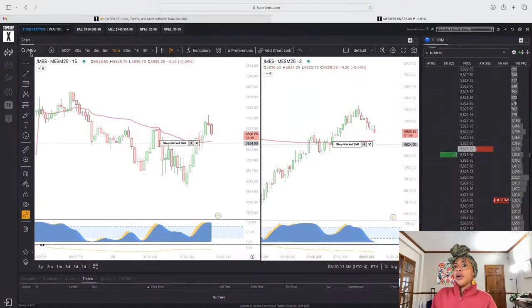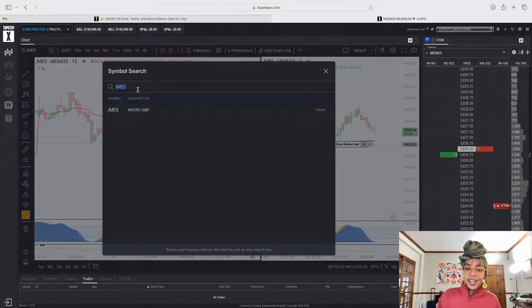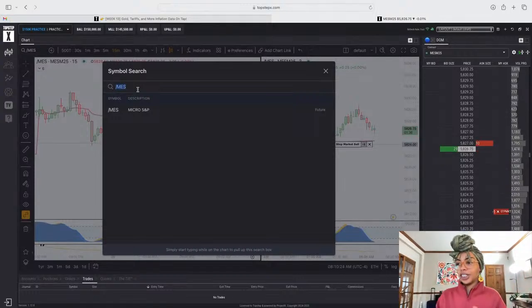So right now, we're going to look for our mini and our micro contract because the ES, we've had just a lot of stuff going on. I was just reading over our stocks while we were getting set up here, just putting in a pending order so we can wait for this break. And we're kind of going over some of our fundamental analysis here and going over how we search for our symbols.